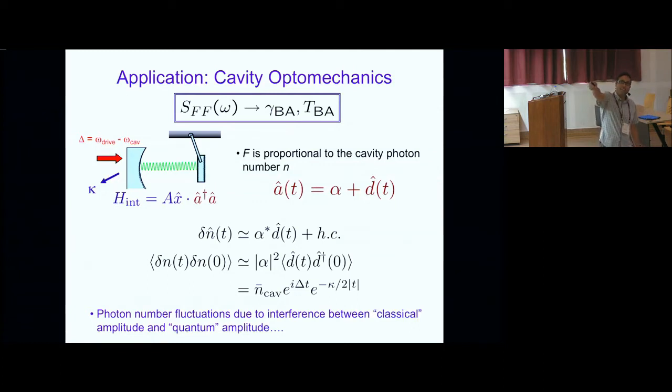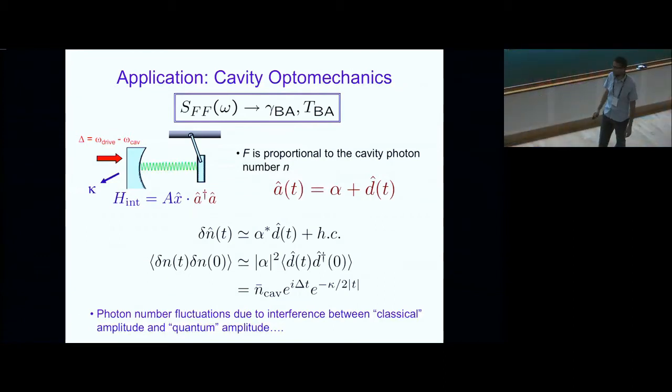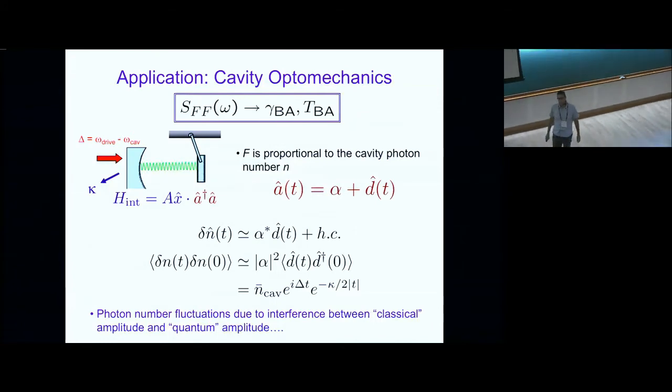To calculate this force noise correlation function, I first have to look at this time-dependent correlation function. And that just boils down to, if I'm assuming that my cavity is driven by vacuum noise, the correlation function of d of t, d dagger at 0. That's trivial to calculate from these Langevin equations, because what's the dynamics of d? Again, we're doing this for no optomechanical coupling, so I just have a damped oscillator.